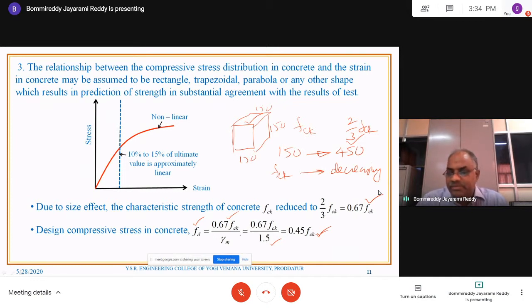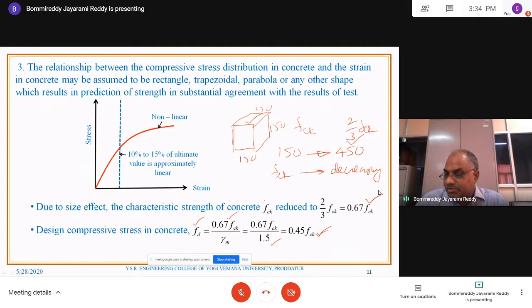For example, if there is no partial safety factor, what is the strength to be considered? It is only 0.67 times fck. If the size effect is also not considered, what is the design value? It is fck.